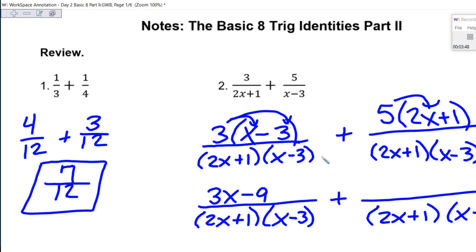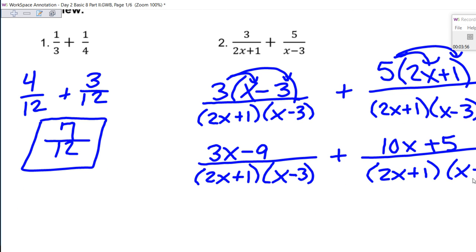So 5 times 2x would be 10x, and 5 times 1 would be 5. Now that we have a common denominator, now we can add those fractions together. So the denominator stays the same. So we keep the 2x plus 1 times x minus 3.